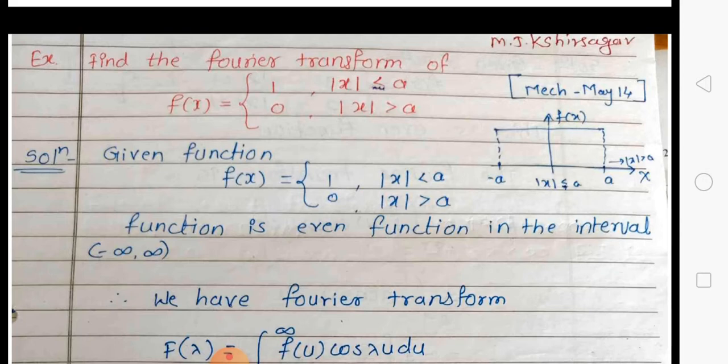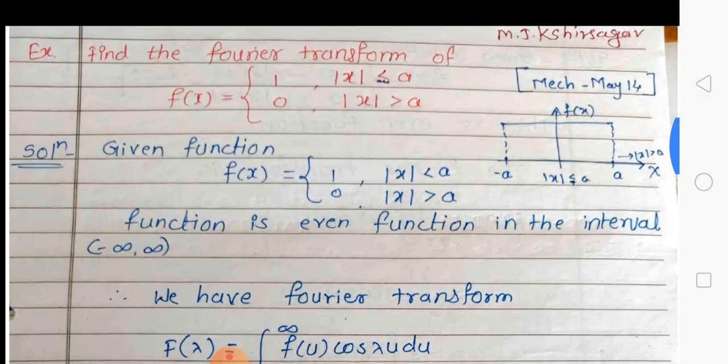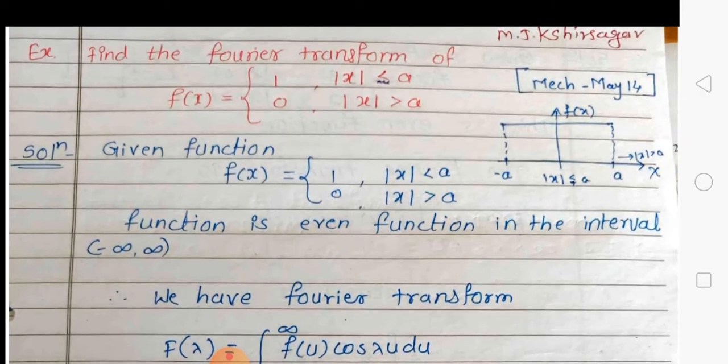Now we check whether this function is even or odd. For checking, we replace x in function f of x by minus x. If we replace x by minus x, we get f of minus x is equal to 1 if mod of minus x is less than a and value is 0 if mod of minus x is greater than a.